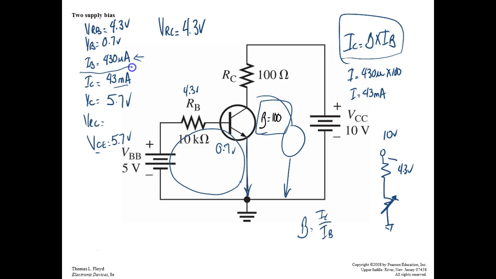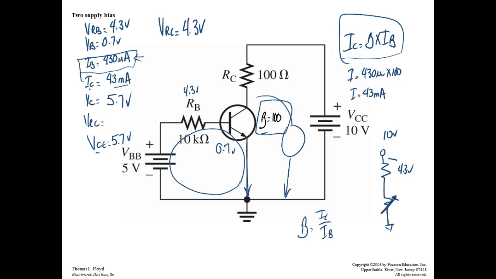So what did we do with that 4.3 volts? We calculated the base current, because now I know two things. I know the size of the resistor, and I know the voltage drop across the resistor. Well, that resistor is in series with the base. So if it's in series with the base, whatever current is flowing through that resistor is the base current, right? Do you all understand that? Okay, so now what do I need to do? I need to get from this side of my transistor over to this side.